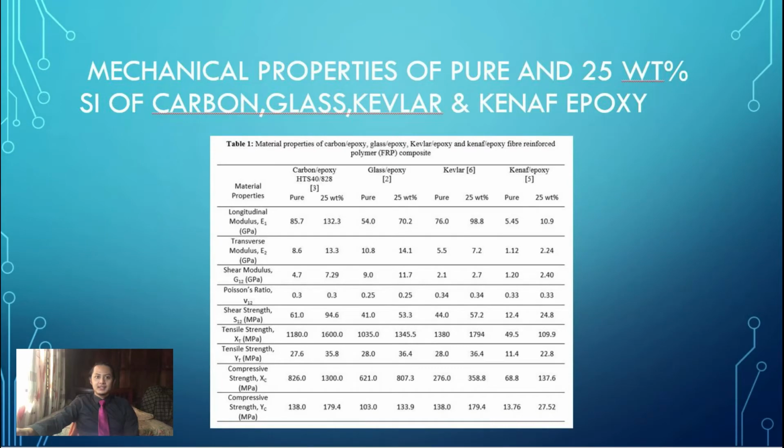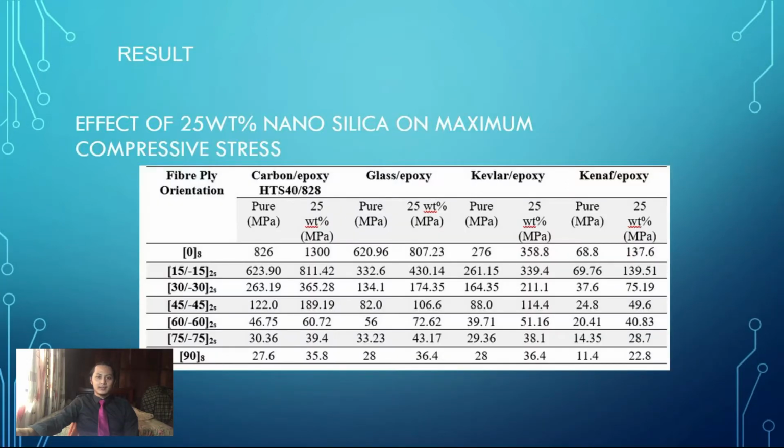This is the mechanical properties of pure and 25% silica of carbon, glass, Kevlar and kenaf epoxy. We use these material properties for our experiment to get the result of effect of 25% nanosilica on maximum compressive stress.